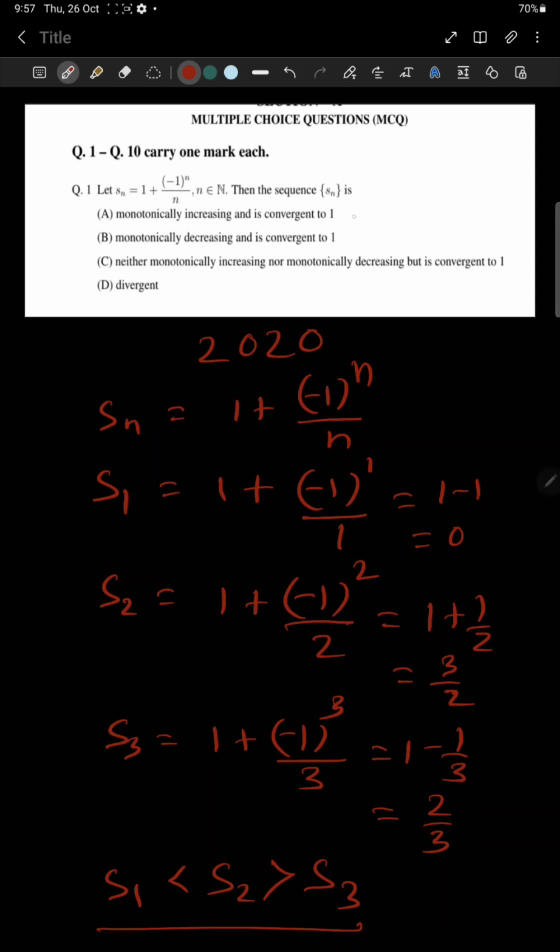So option 1, monotonically increasing, is not true, because from S2 to S3 it is decreasing, and monotonically decreasing is also false, because initially it was increasing from S1 to S2. In option C it is given that it is neither monotonically increasing nor monotonically decreasing. It is looking nearly true, because we have to check whether it is convergent to 1 or not.